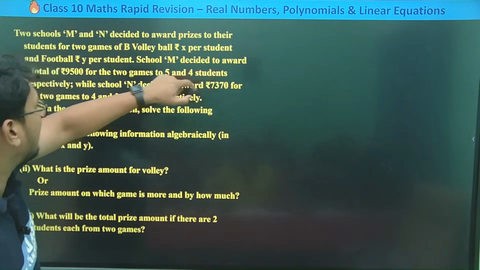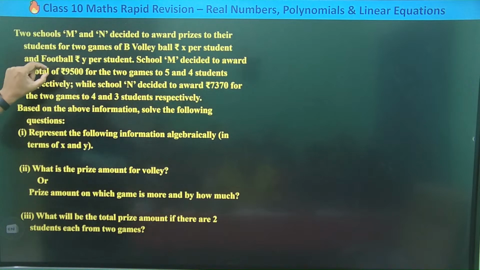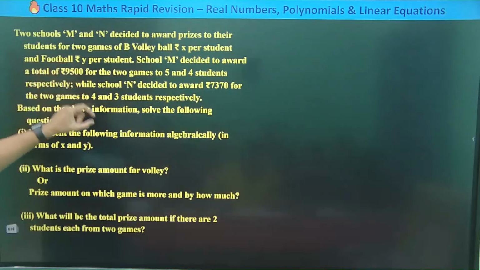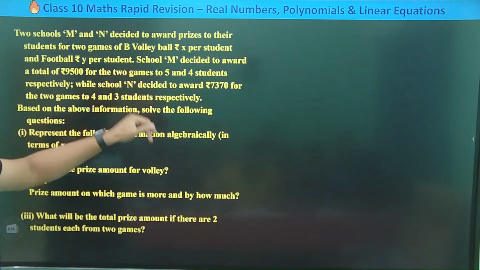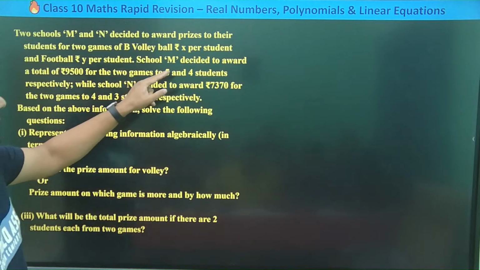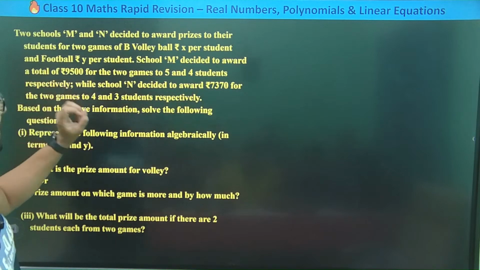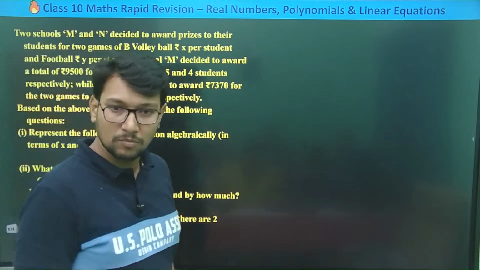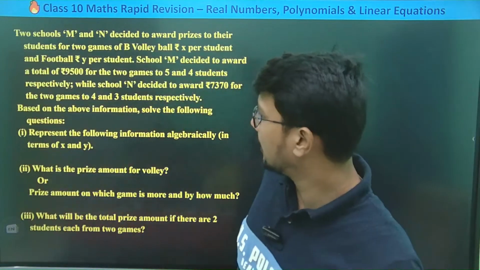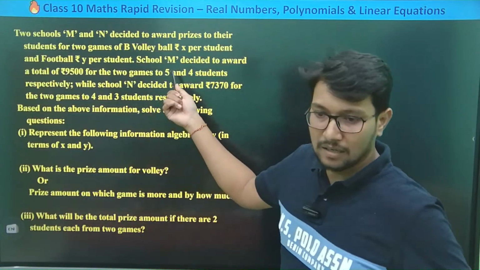School M decided to award a total of 9,500 for 2 games to 5 and 4 students respectively. बुझिएगा? Understand? Clear?